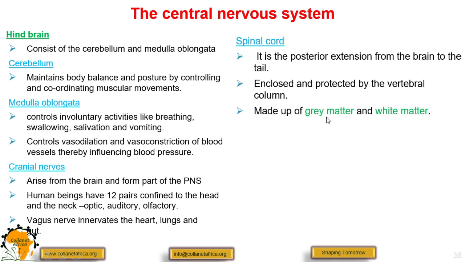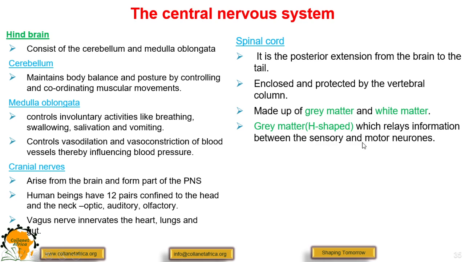This spinal cord is made up of the gray matter and the white matter. So the gray matter is H-shaped, and it transports information between the sensory and the motor neurons.